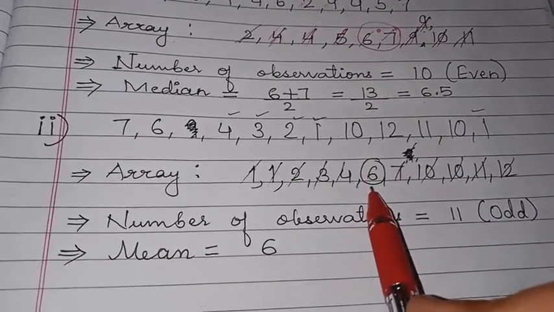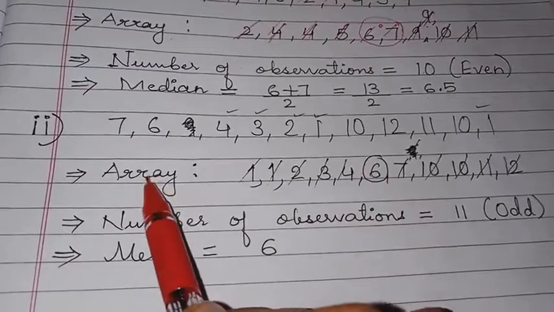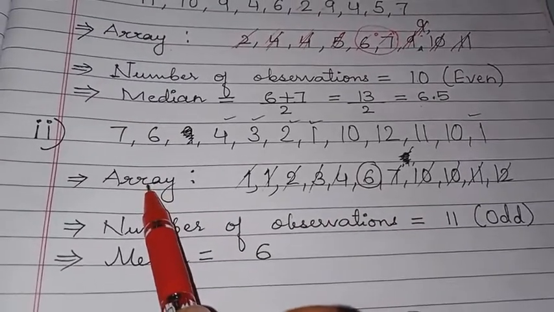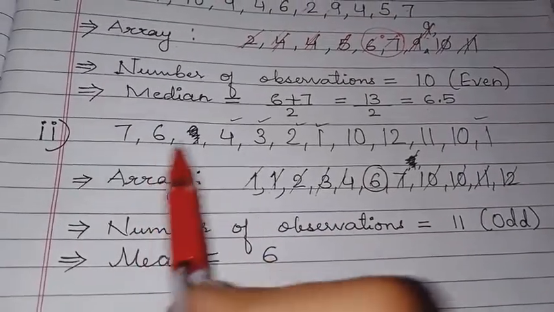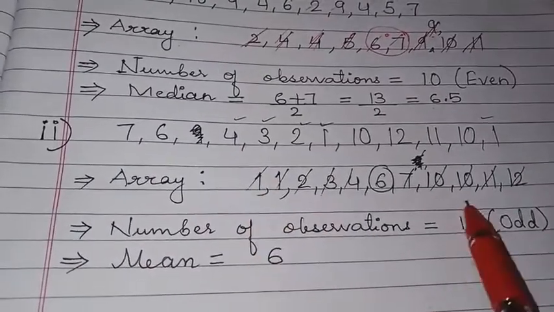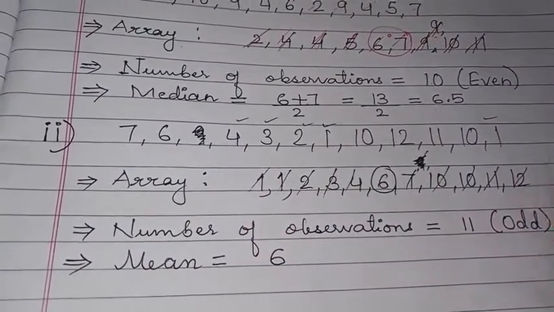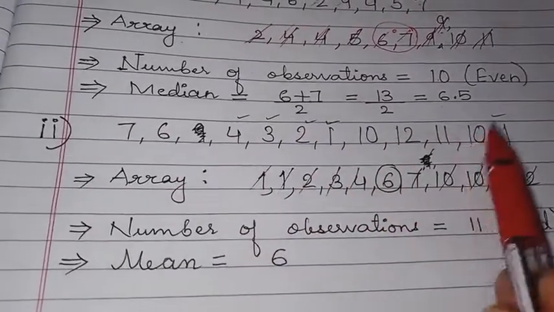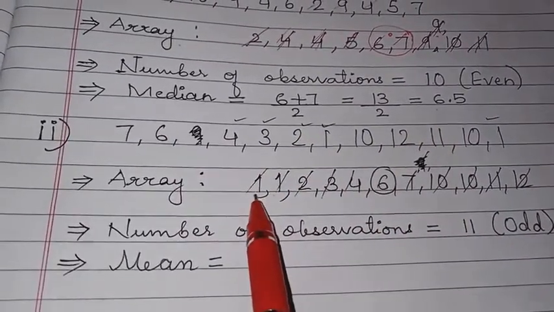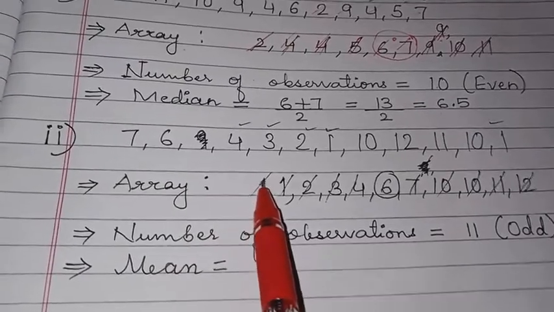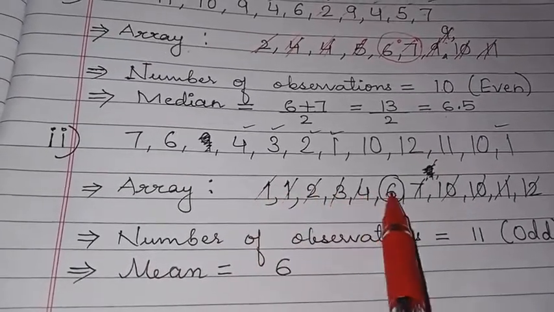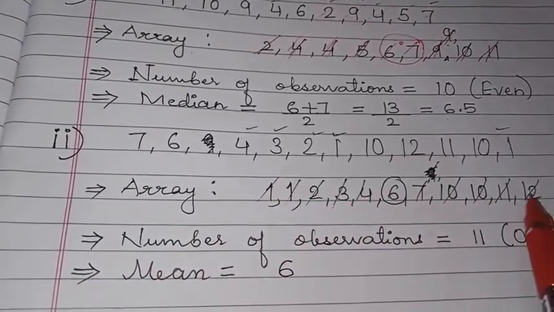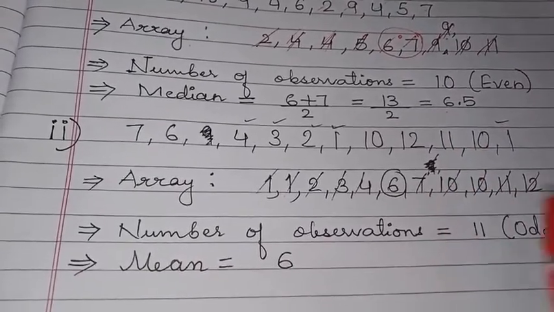First thing you have to do is arrange it in an array, because without that we won't get the answer, right? I have arranged it in proper ascending order. After that I checked whether these are 11 in number. 1, 2, 3, 4, 5, 6, 7, 8, 9, 10 and 11.